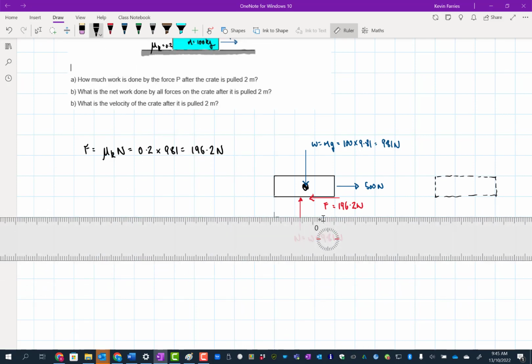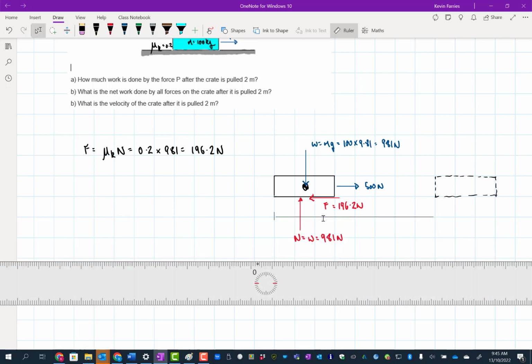So the first part is at T0. I'll just make sure I'm showing what direction it's going in. It's going 2 meters that way. This is T0. This is T equals T1, time 1.